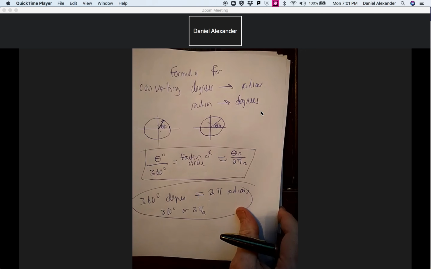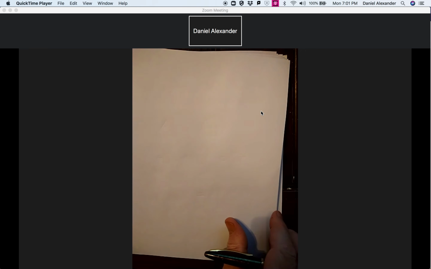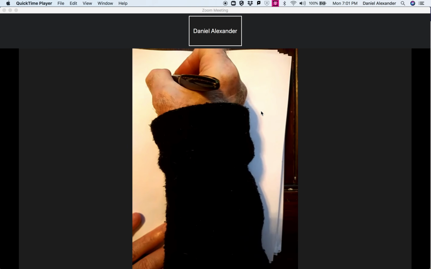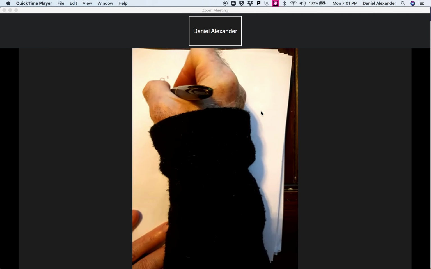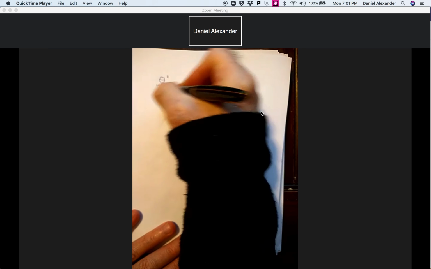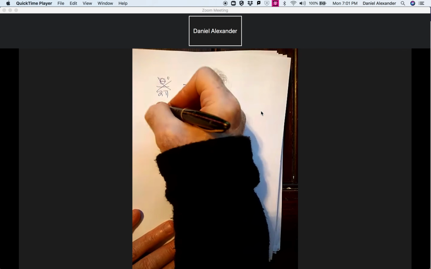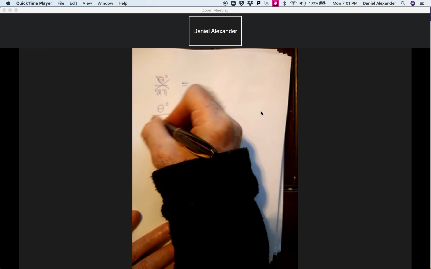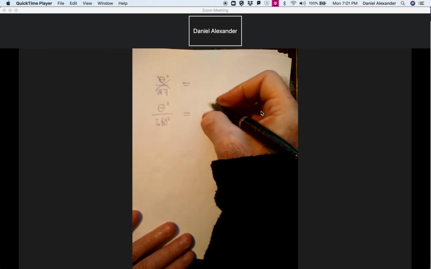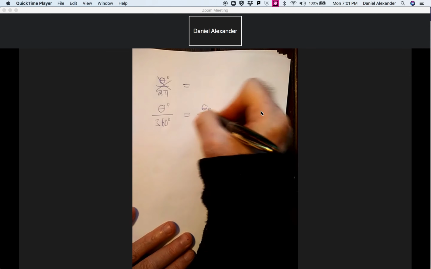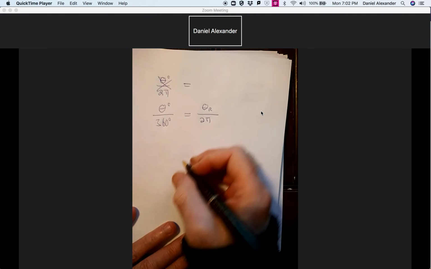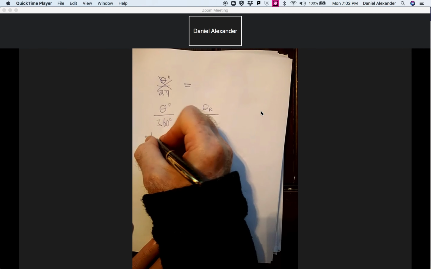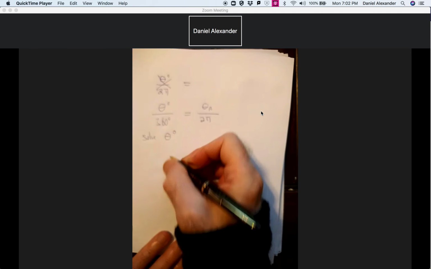So that's going to be really simple. I'm going to recopy that. Theta degrees over 360 is going to be the same as theta radians over 2 pi. I'm going to solve first for theta degrees.